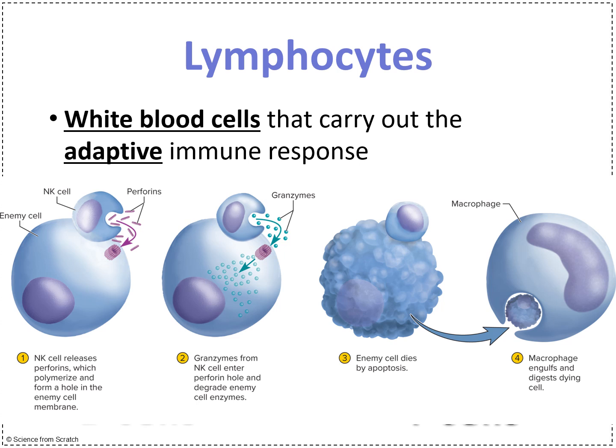The other cell type was the natural killer cell. And this cell, this is a lymphocyte that will go out and seek and destroy viruses and cells that are cancerous or infected with a virus.